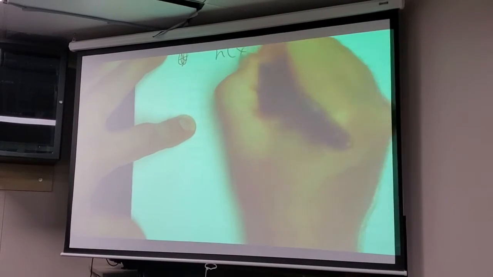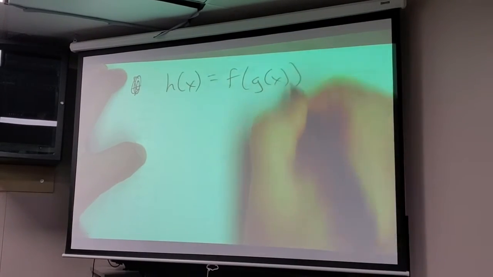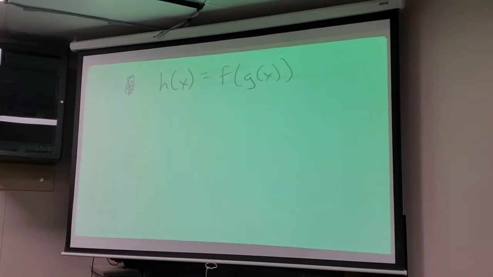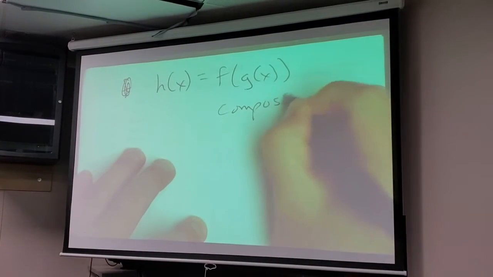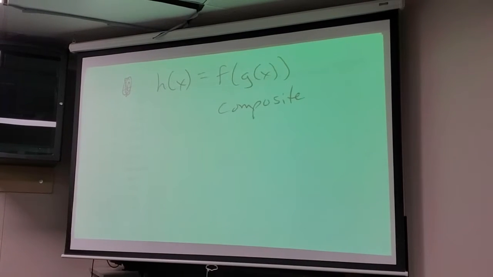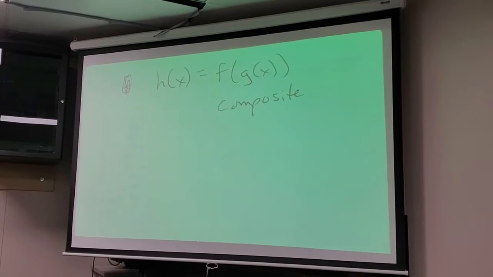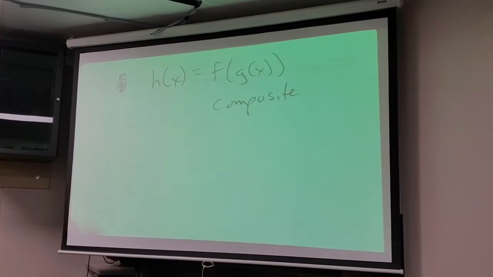If I have a function that's made of other functions like this. Composite, either way you want to say it. Just don't say composite. That'll freak me out. It sounds like a mineral. Okay.